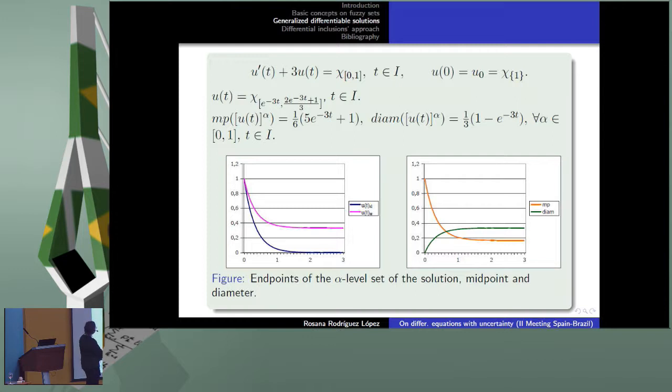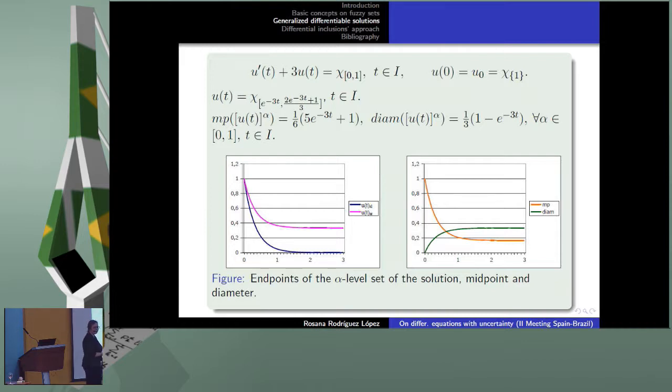But a simple modification of a linear problem of this type, when we are working with intervals or fuzzy intervals, makes the qualitative behavior of the solutions change in a very important way just by slight modifications of the problem. I mean, if we consider a problem where this term is passed to the other side, just think about the classical case: just imagine we can pass this term to the other side, like minus 3u.